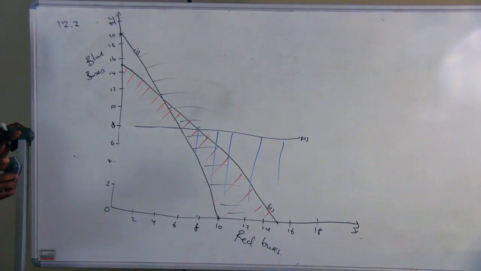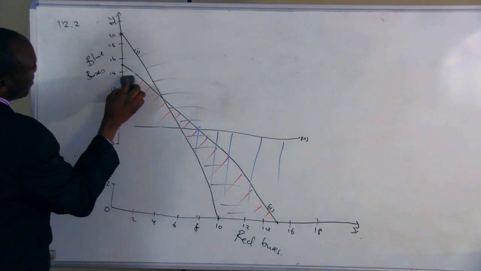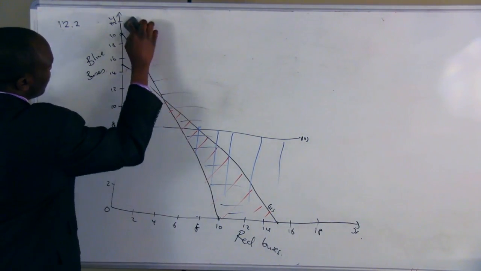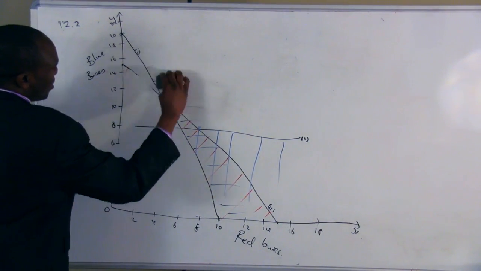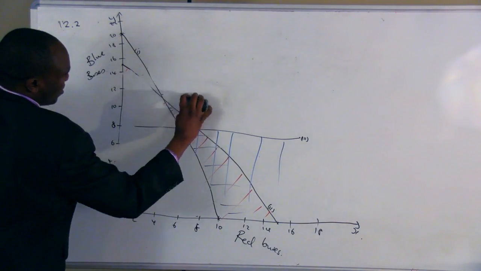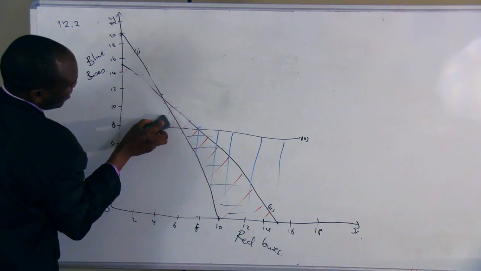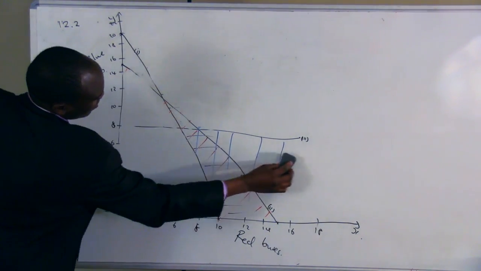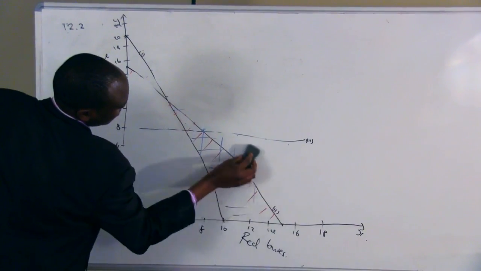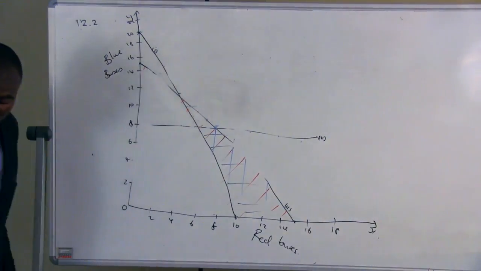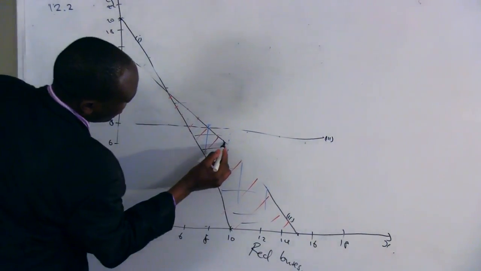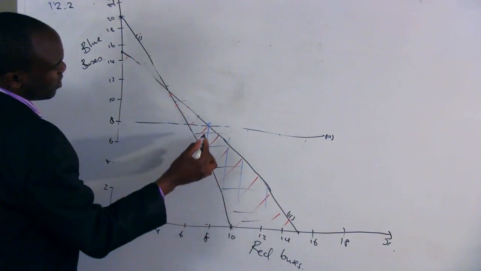Have you seen how we get the feasible region? Okay. So when you have shaded there, you get your 4 marks now.